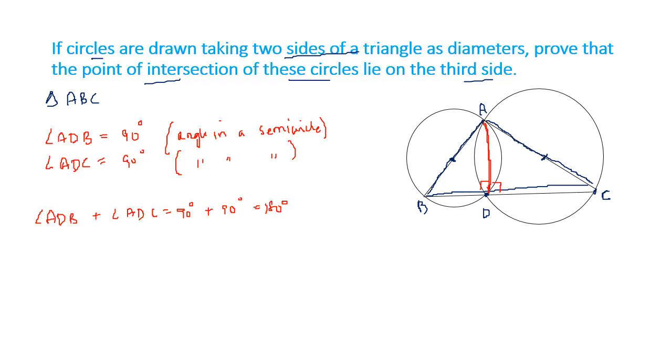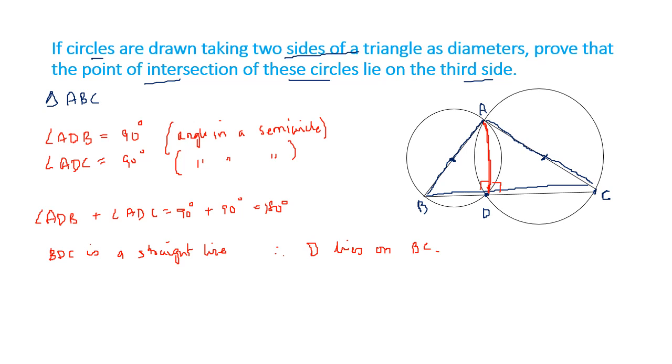On adding, it becomes 180, so ADC means BDC is a straight line. Because BDC makes an angle of 180 degrees, BDC has to be a straight line, and therefore D lies on BC, which is the third side of the triangle.